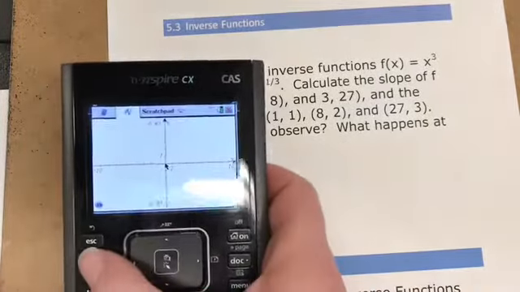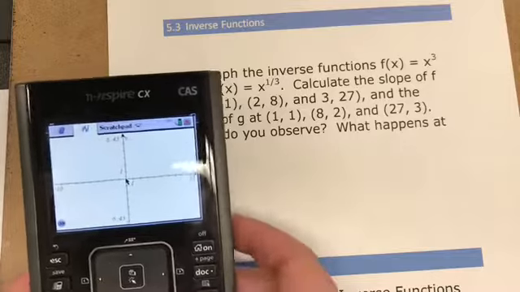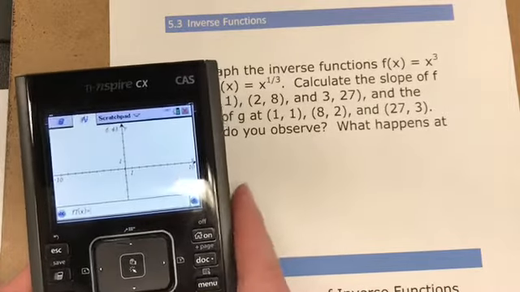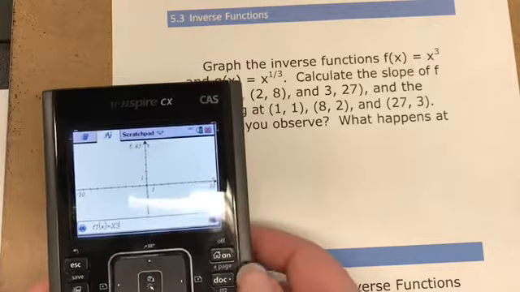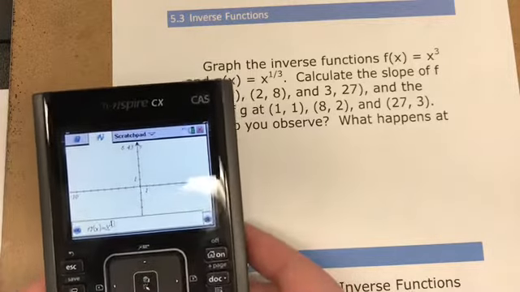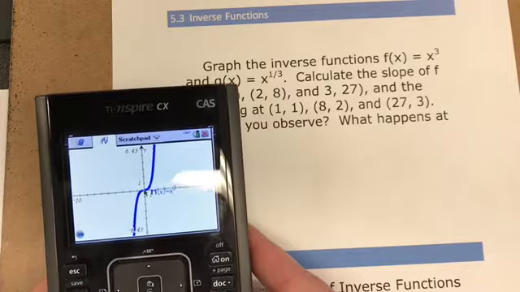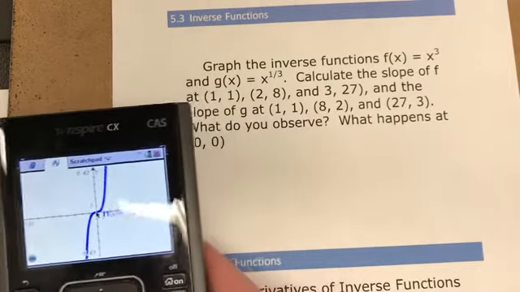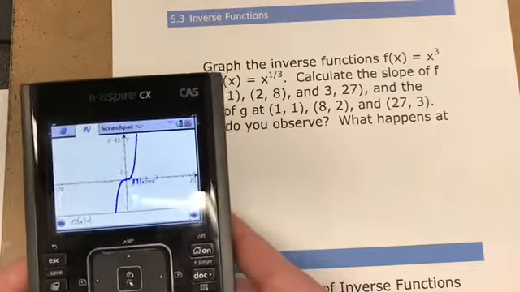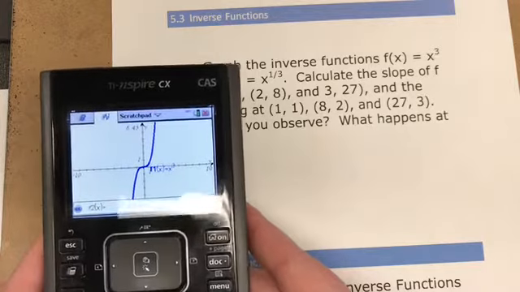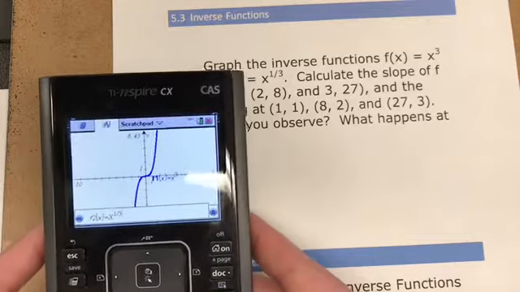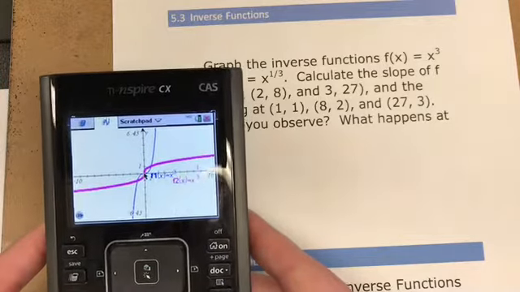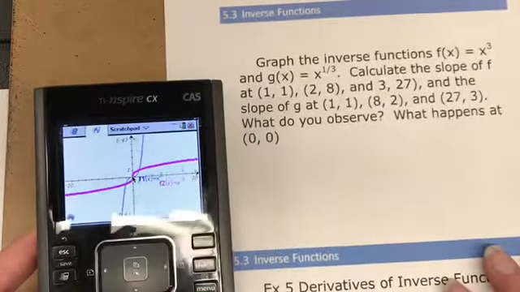So I will graph x cubed, and then it says graph x to the 1/3, and calculate the slope of f.